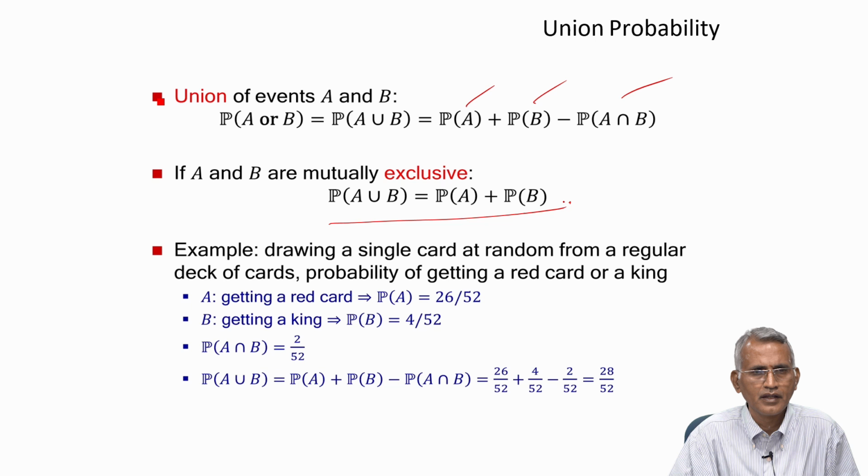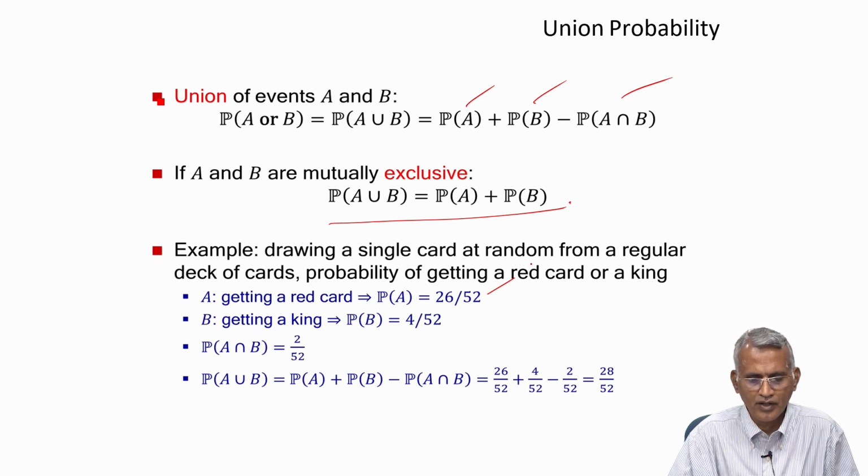A means getting a red card, therefore the probability of A equals 26 by 52, and B means getting a king. The total number of kings is 4, therefore the probability of B equals 4 by 52. The probability of A intersection B is equal to 2 by 52.